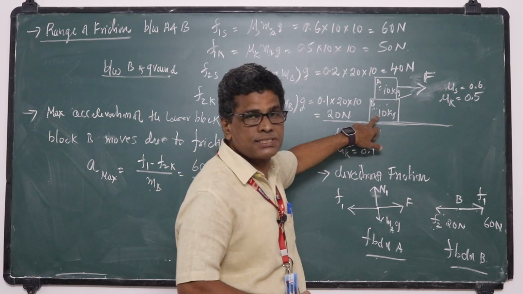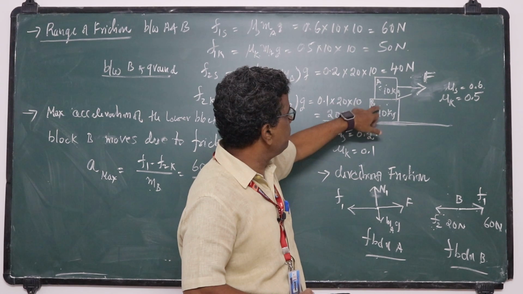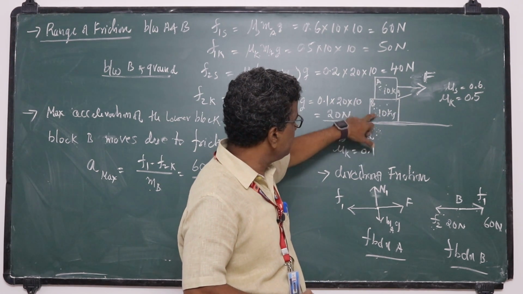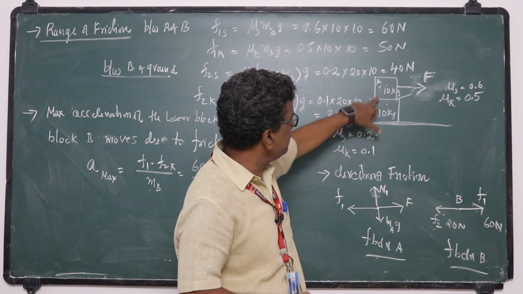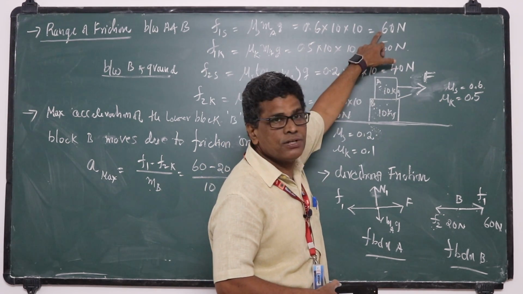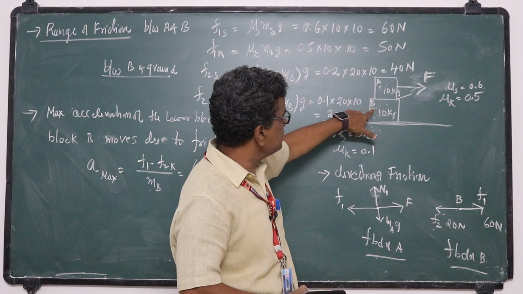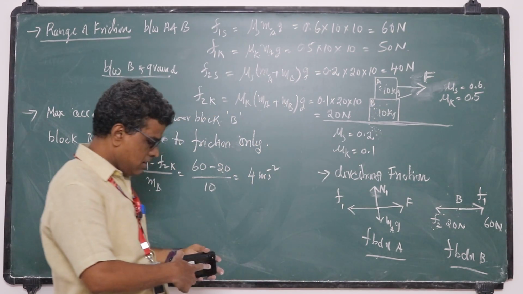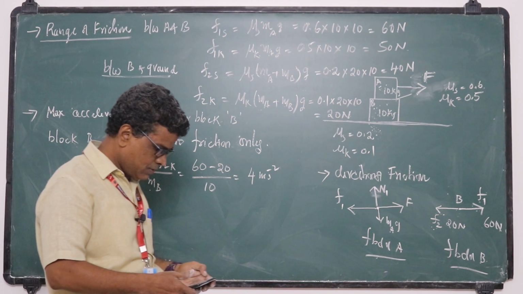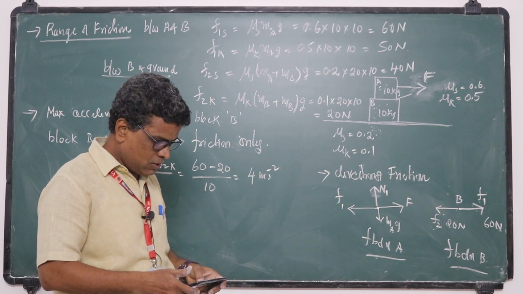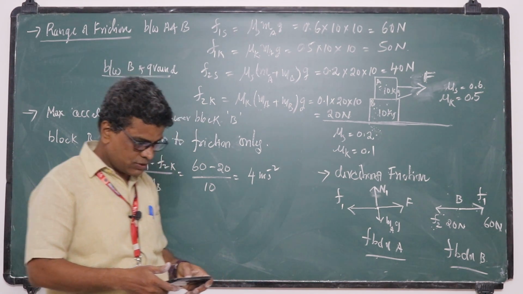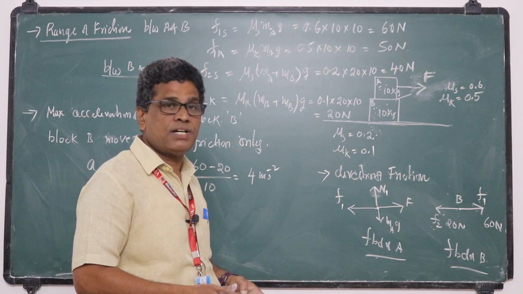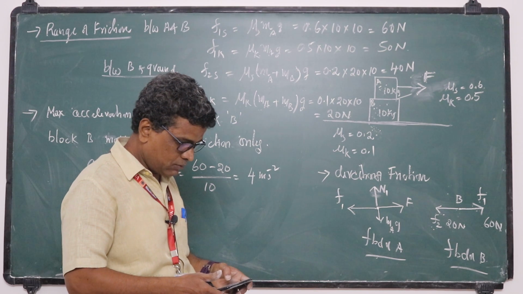So it is less between B and the ground, 40. So block B starts slipping first. So that is the answer for that question.